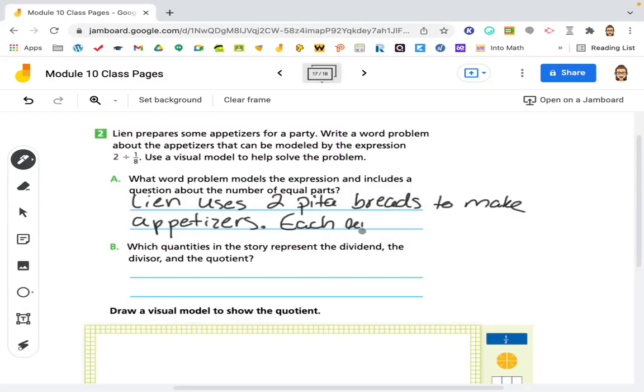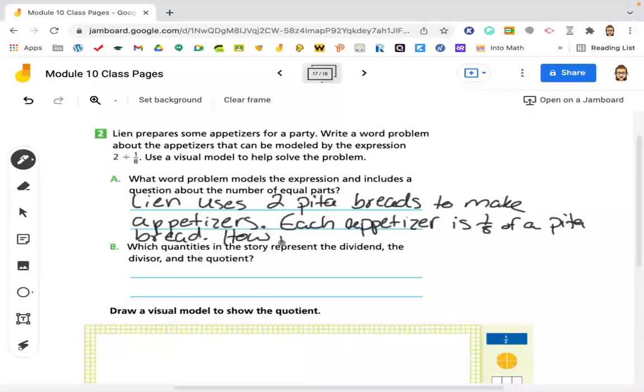Each appetizer is 1/8 of a pita bread. How many appetizers does Lynn make?